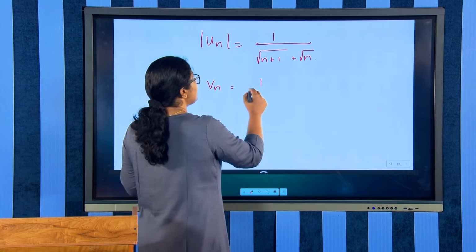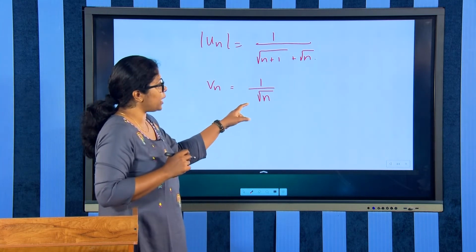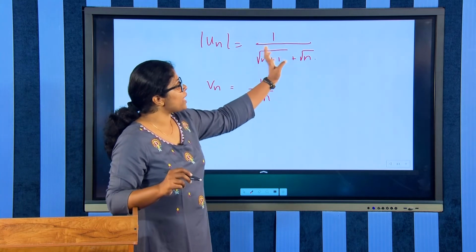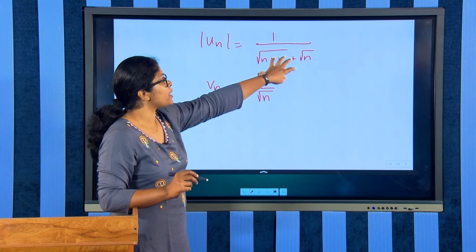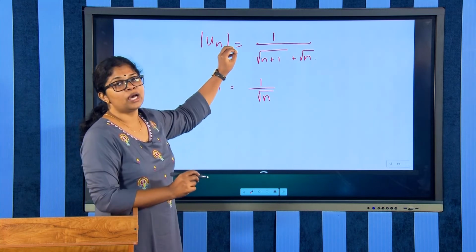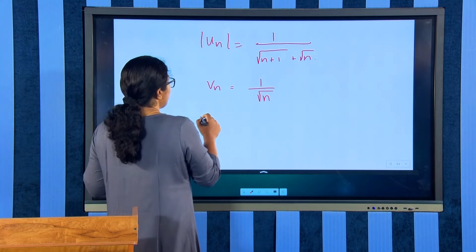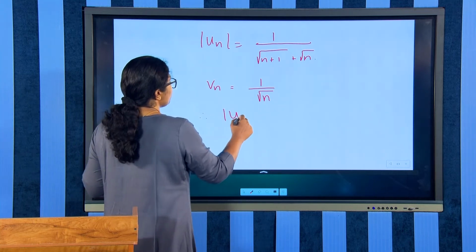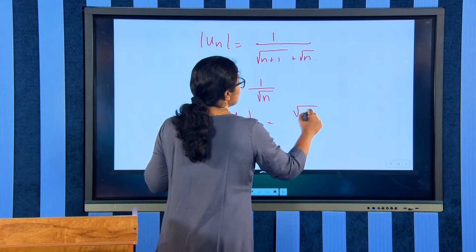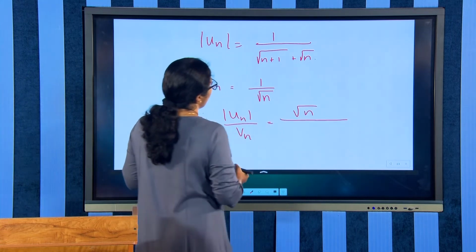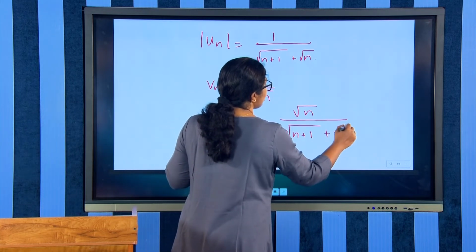So, we will take the limit comparison test by taking Vn equal to 1 upon root n, because in order to cancel the maximum power of n outside, it will be root n, and so we are taking Vn equal to 1 by root n. Therefore, modulus of Un by Vn is equal to square root of n upon square root of n plus 1 plus root n.